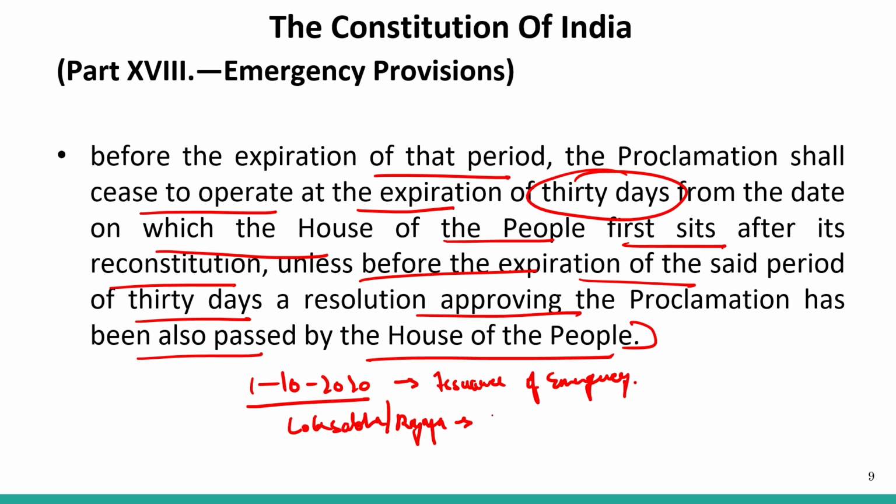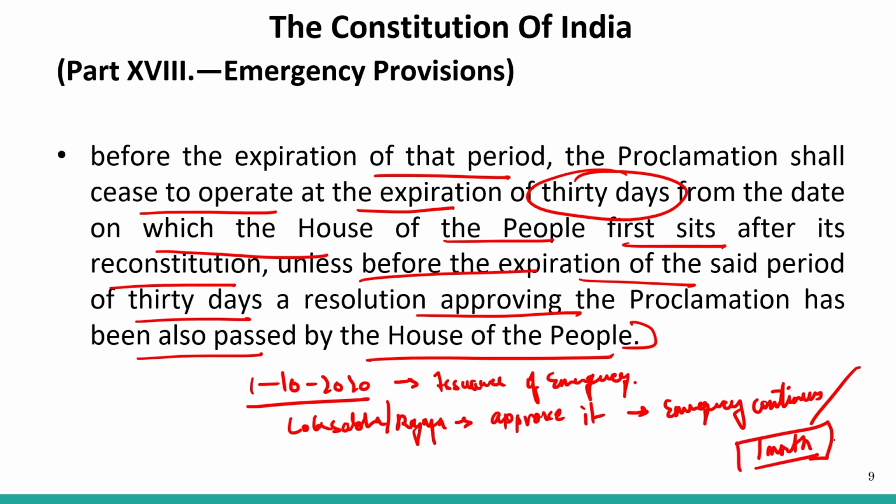At that point of time, if they approve it, then the emergency continues. If they disapprove it, then after 1 month, it expires.